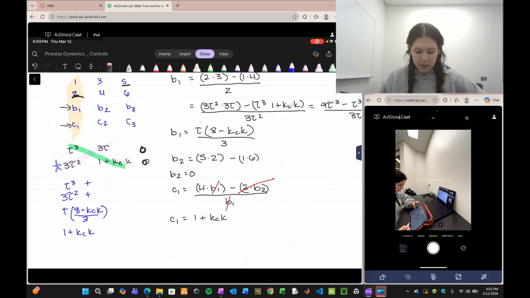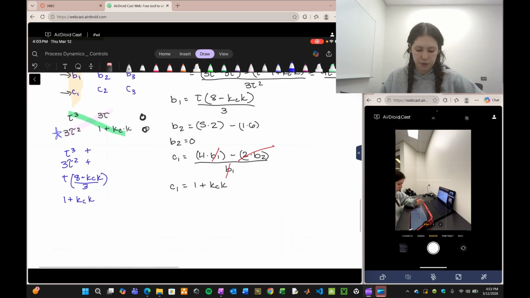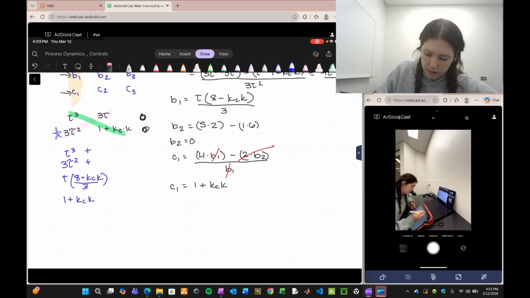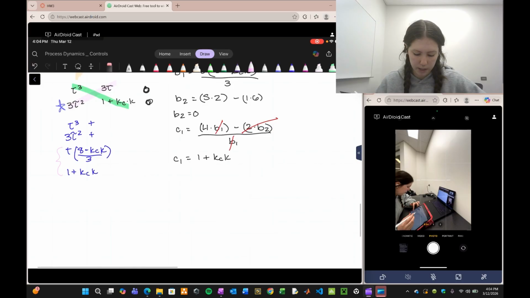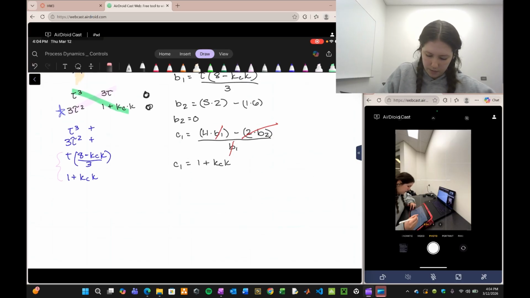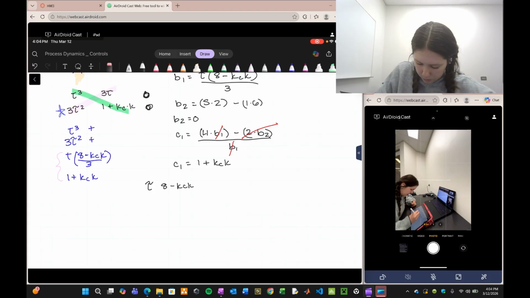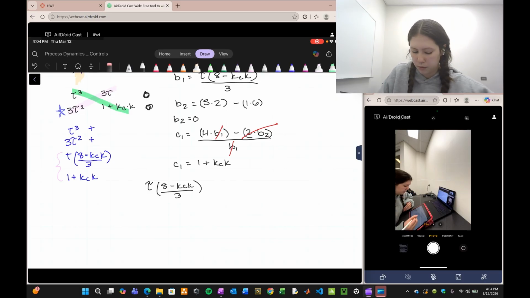So we want to evaluate our B1 and C1 and see what values make these terms positive, because we want to avoid any sign changes, so we want to make sure they're not negative. So for tau times 8 minus KcK over 3, we want this whole term to be greater than 0.